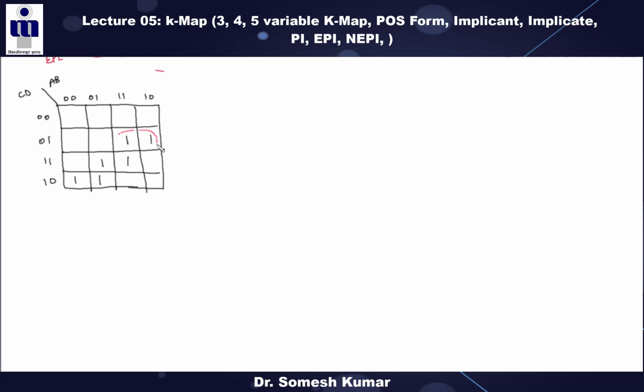This one is your first pair. Now the question, first understand the question: how many PIs are there? How many D1 cells? How many EPIs? How many non-EPIs? And what is the minimized expression? This is the question.